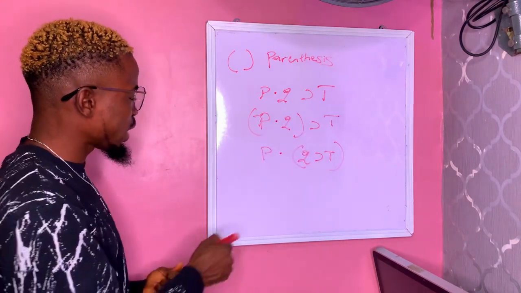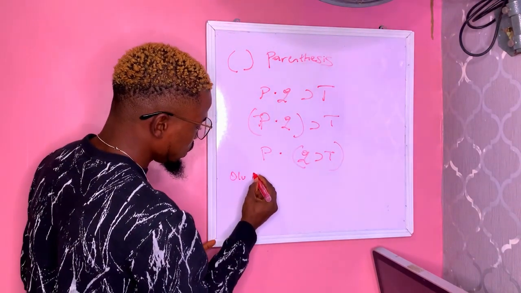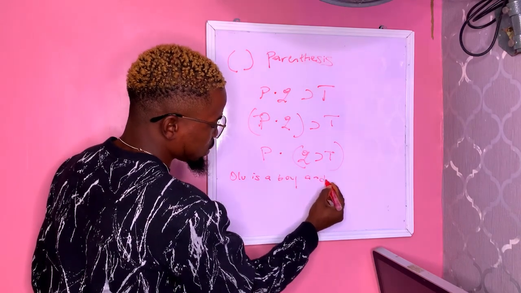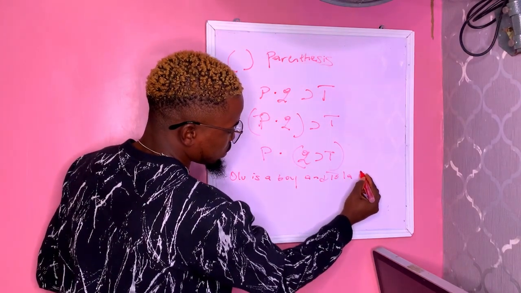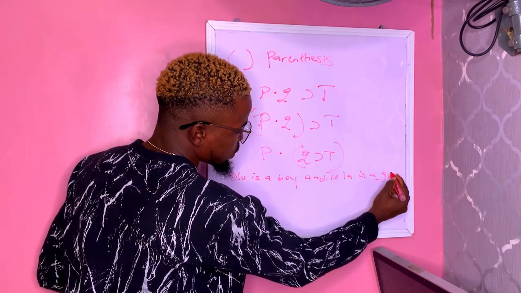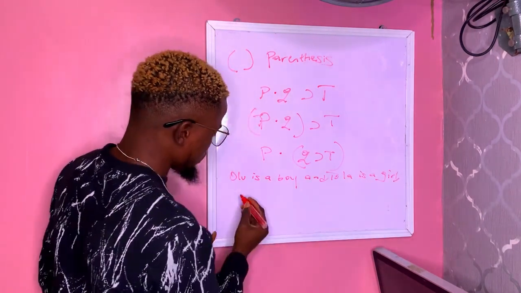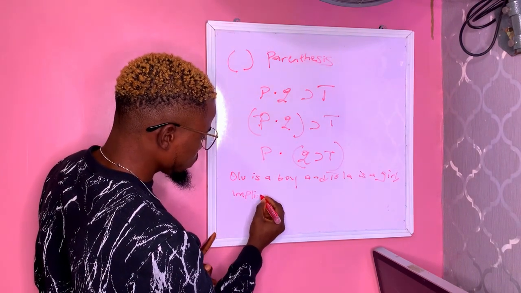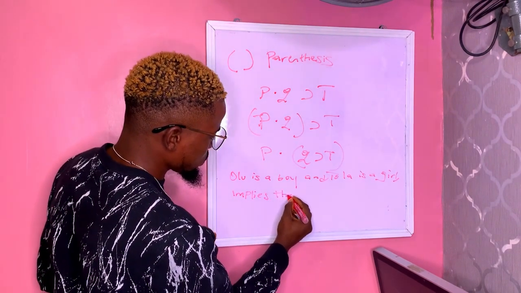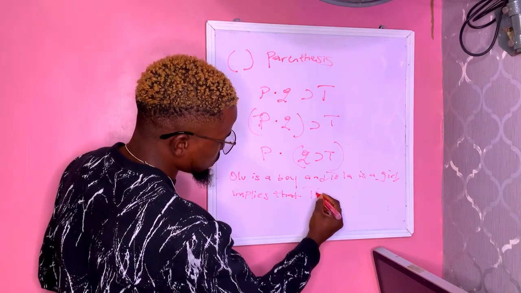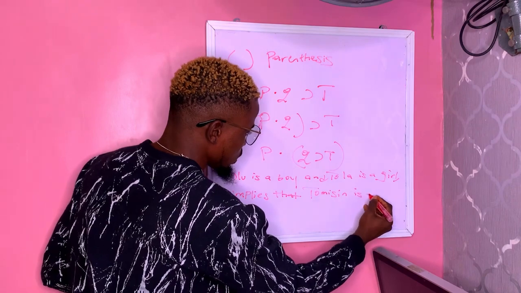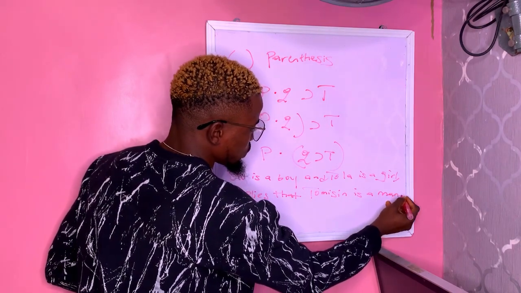Let's say, for instance, we have Olu is a boy and Tola is a girl, comma, implies that Tomisin is a man, full stop.